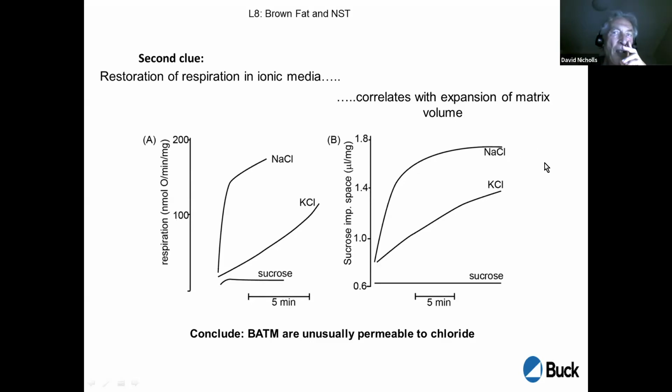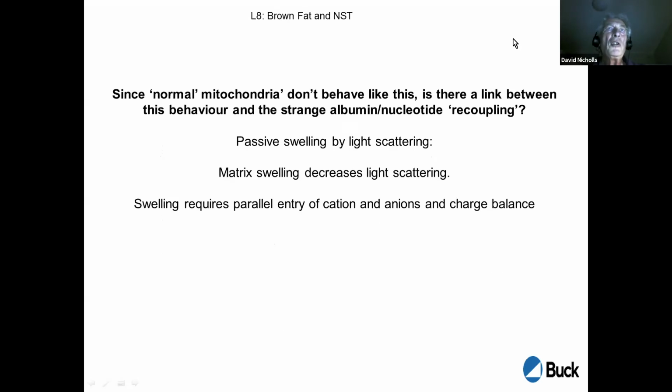The conclusion was that we have two strange things about these mitochondria. They show no respiratory control unless you add a nucleotide, GDP, and they're permeable to chloride. So what do you do when you have two strange unknowns? You put them together and ask the question: is there a link between the strange recoupling and the strange swelling?